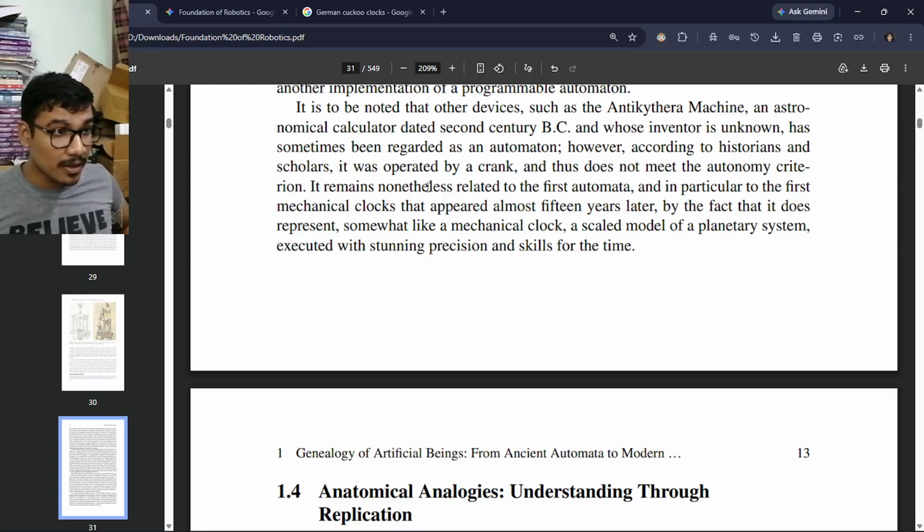It remains nonetheless related to the first automata and in particular to the first mechanical clock that appeared almost 15 centuries later, by the fact that it represents, somewhat like the mechanical clock, a scale model of the planetary system executed with stunning precision and skill for timekeeping.